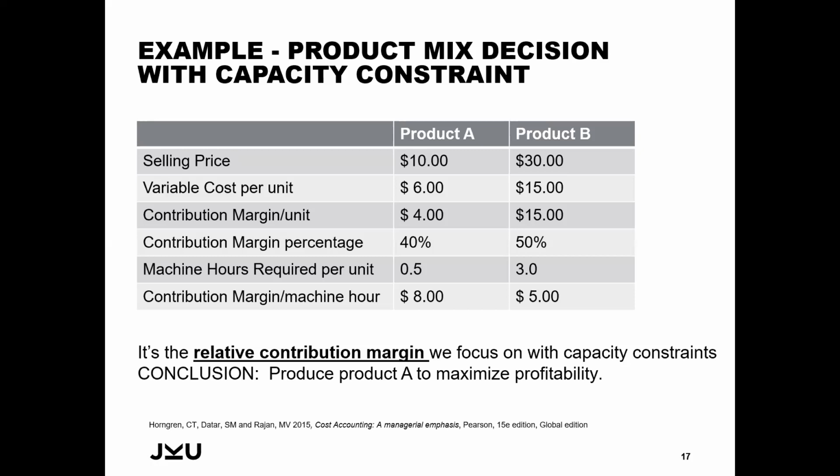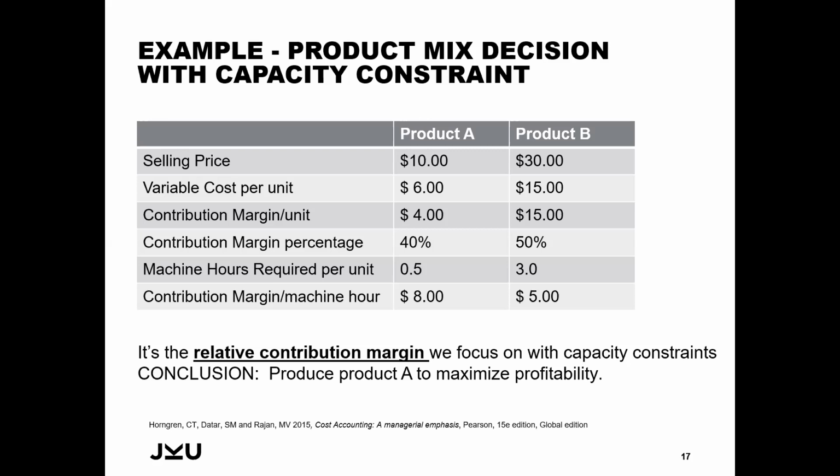When we calculate product B, contribution margin $15 divided by 3 hours gives us a relative contribution margin of $5. And this clarifies it now pretty much that we have a much higher relative contribution margin for product A than for product B.